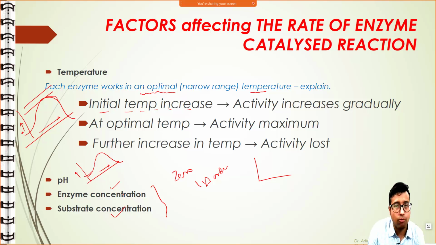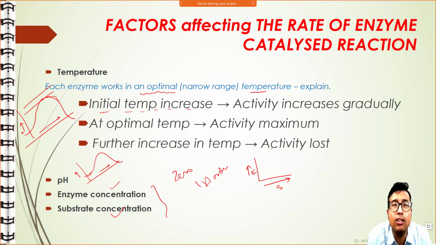But when you are looking at one, the other should be fixed. For example, over here enzyme concentration is fixed and we are increasing the substrate concentration. So this is the enzyme activity and this is the substrate concentration.